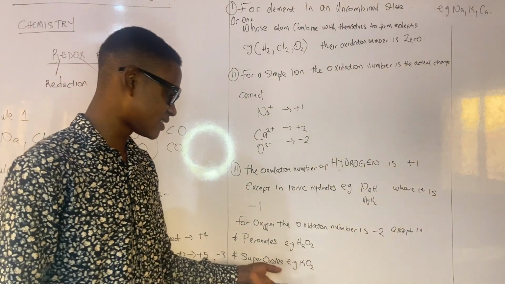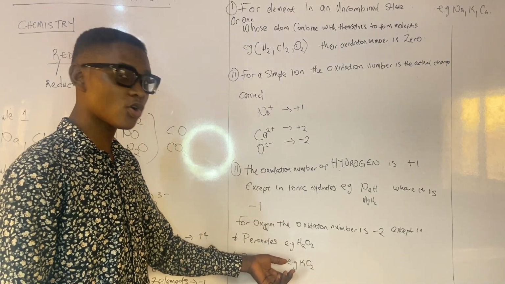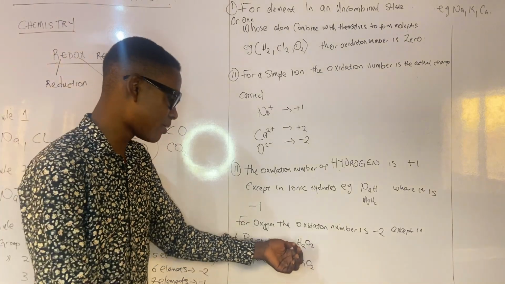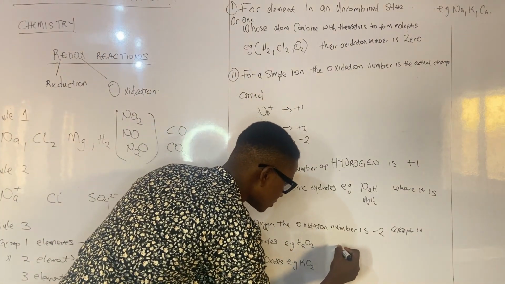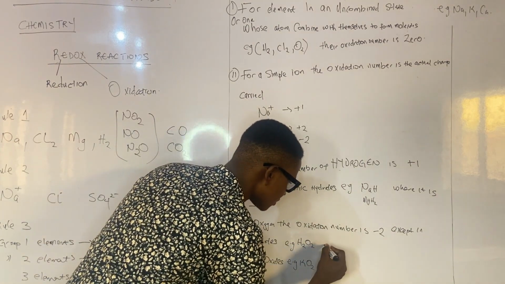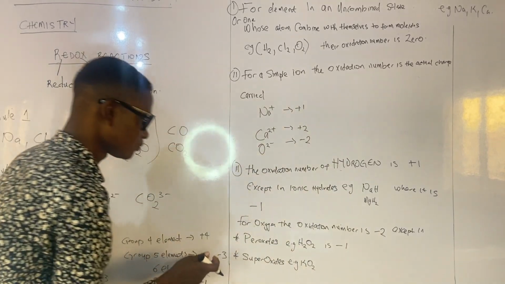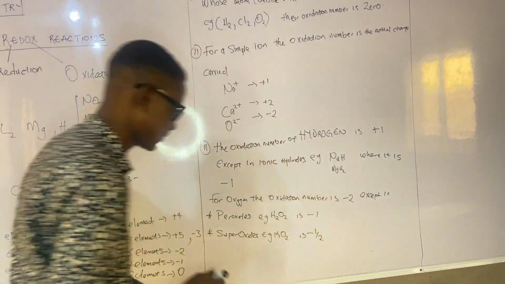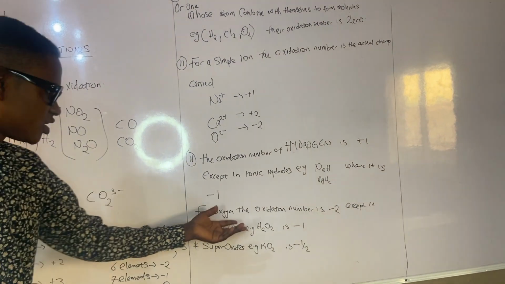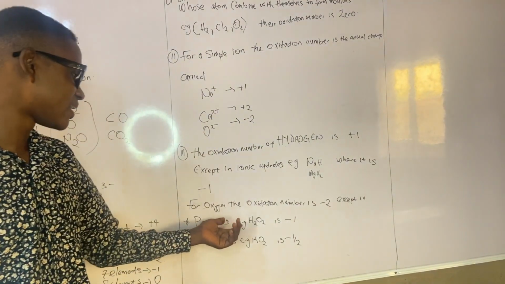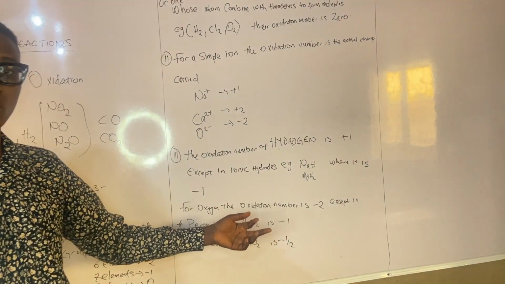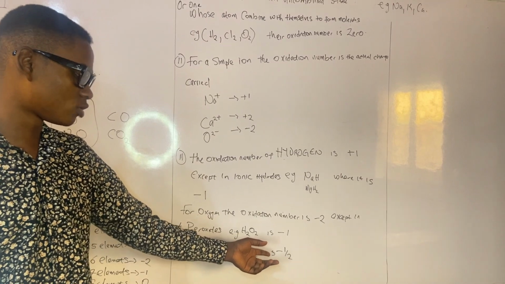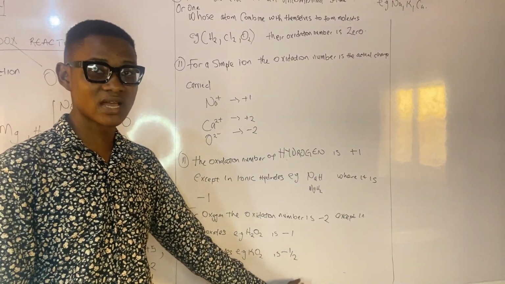In peroxides, the oxidation number of oxygen is minus 1. In superoxide, it is minus half. For oxygen, the oxidation number is minus 2, except in peroxide, for example hydrogen peroxide, in which the oxidation number is minus 1. While for superoxide, for example potassium superoxide, the oxidation number is minus half. Sure you get it.